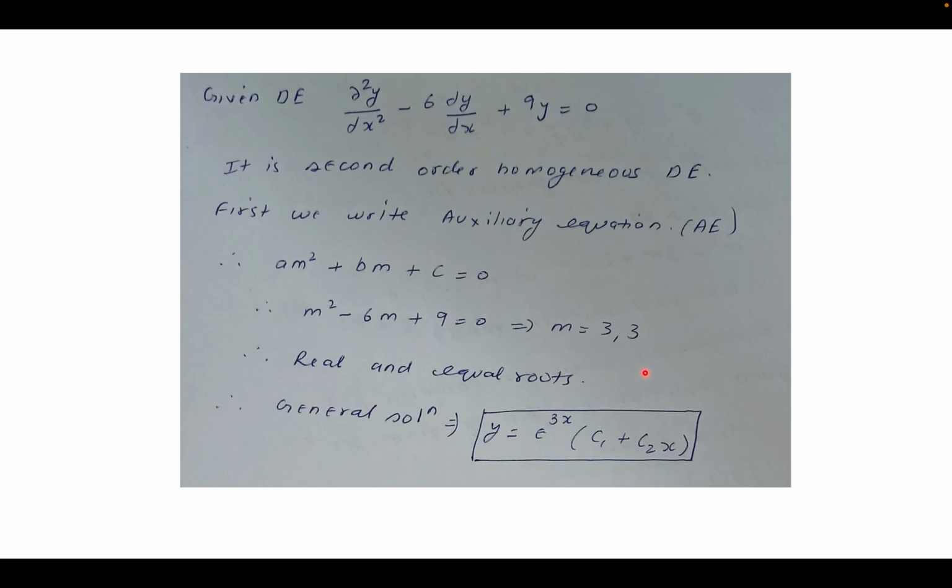In that case the solution is c1 e^(m1x) + c2 e^(m2x). So there you don't have the x term, you just have the exponential terms with both constants c1 and c2. So if you get a problem where you have real and distinct roots, the solution will be different.